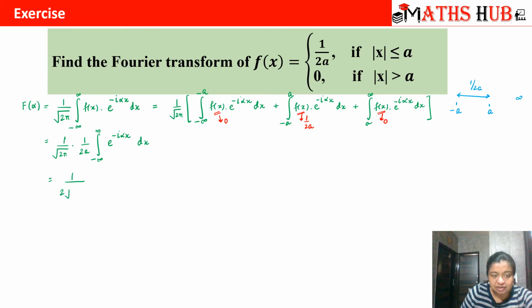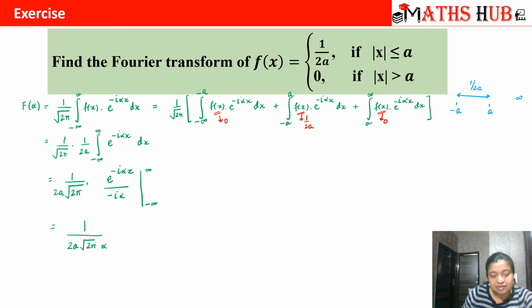So this is under root 2 pi, or I can write it as 2a times under root 2 pi. Now what is integration of e to the power minus iota alpha x? It is e to the power minus iota alpha x divided by minus iota alpha, with limits from minus infinity to plus infinity, right? So now this becomes 1 by 2a under root 2 pi.